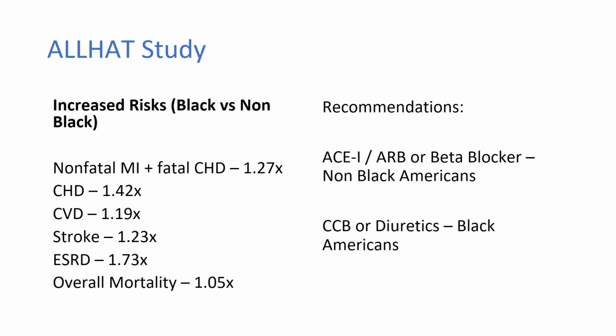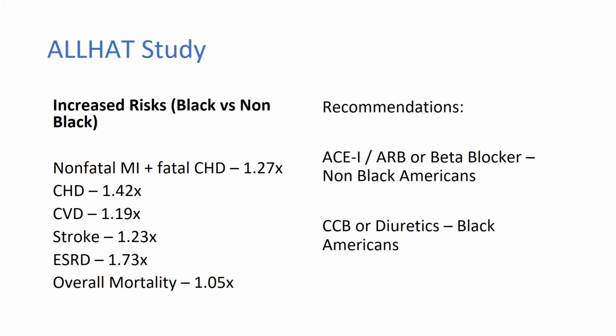But there was no difference in effectiveness between the two treatments for the general population, and this is what led to that recommendation of diuretics for Black Americans. It is worth pointing out, though, that ACE inhibitors have been shown to be more effective than calcium channel blockers for slowing GFR decline, so helping with renal disease.